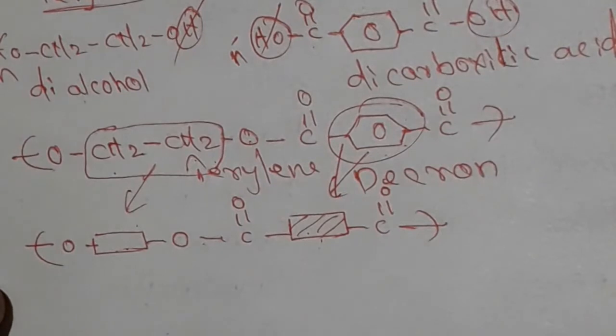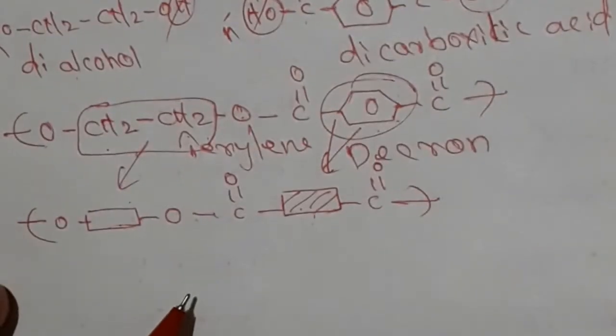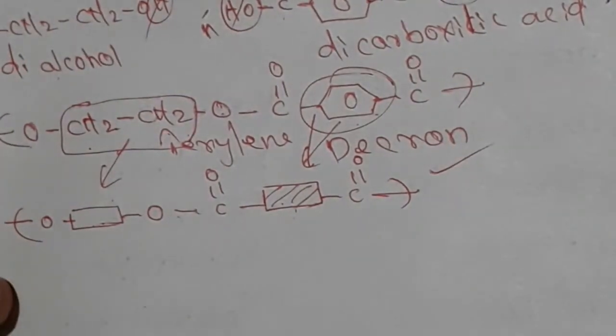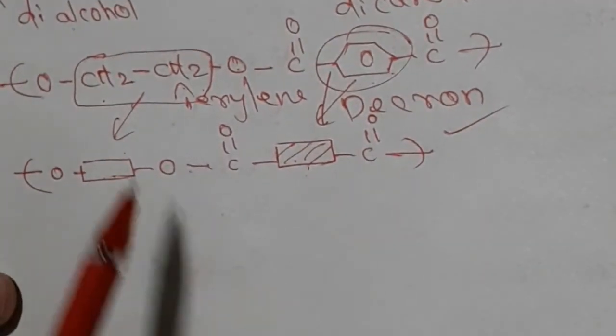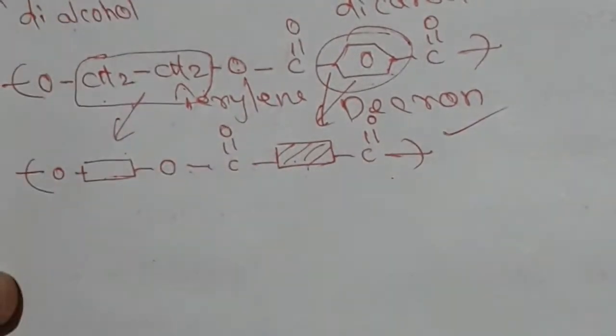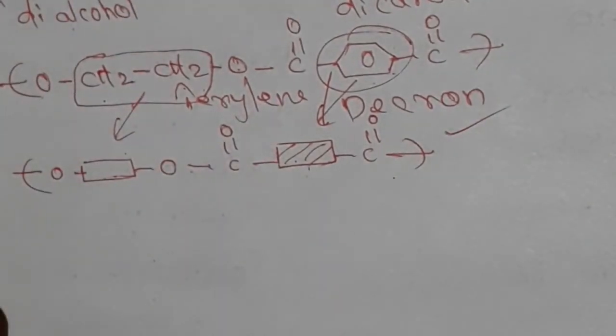Here this is the structure. In different questions, sometimes they will give you this type of structure, the structure of the polymer, and you have to draw the structure of the monomer. It is very simple to draw the structure of the monomer.